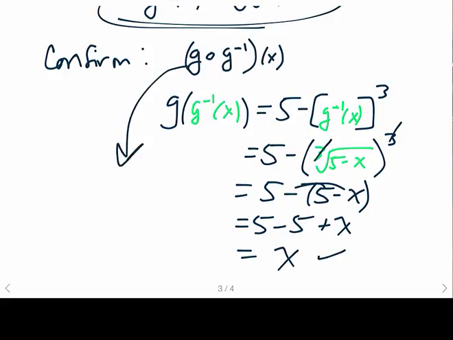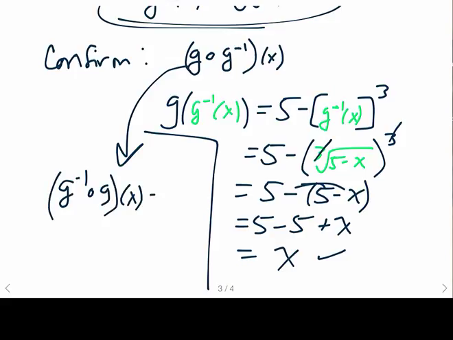We could have alternatively composed g inverse with g of x and ended up with x as well. Reason for this, even though composition of functions is in general not commutative, that is, order matters, when we're dealing with a function and its inverse, it actually doesn't matter. And you are, in fact, encouraged by me to go ahead and perform this check.